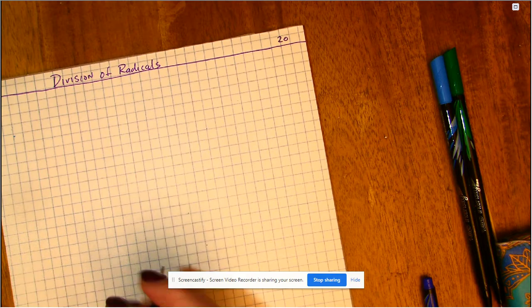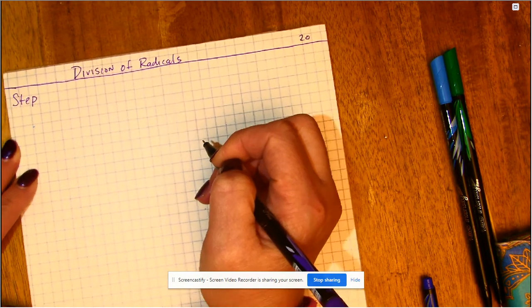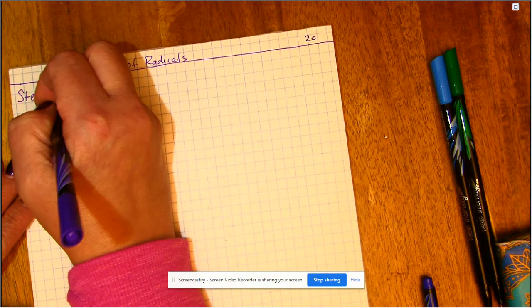And we're going to start off with a step or a rule.